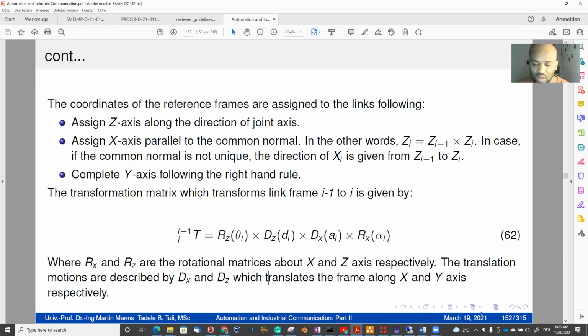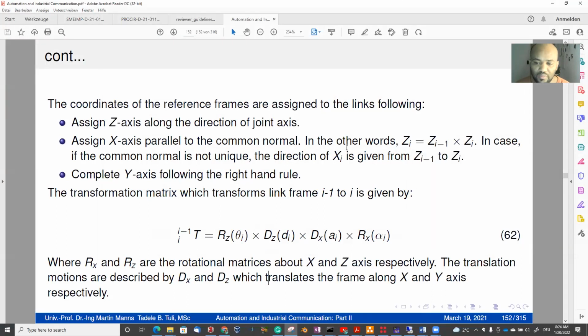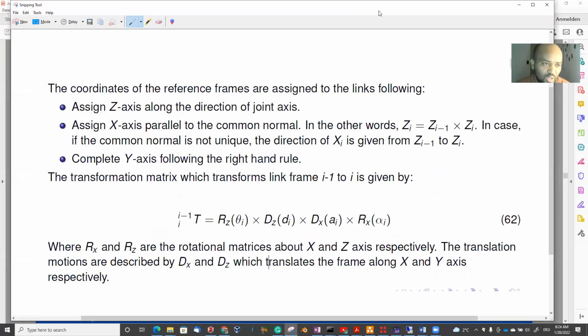So this means, in general, you could think of it like this. Rotation about Z means you have cos theta, minus sine theta, then sine theta, cos theta, then 0, 0, 1, 0, 0.